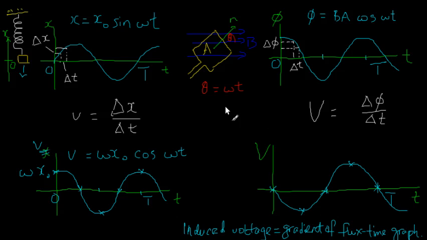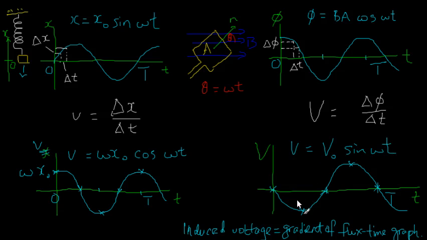Maybe an upside down sine curve. So if I want to write a formula for this, it would look like V is equal to V naught sine omega t.